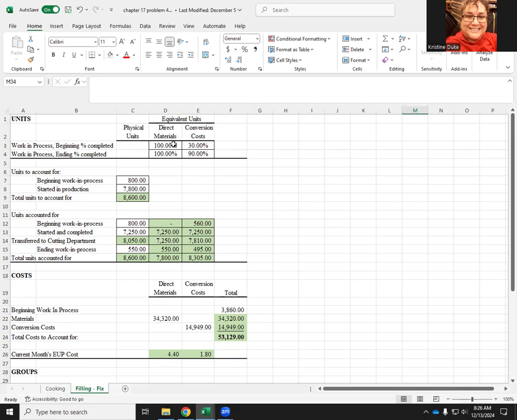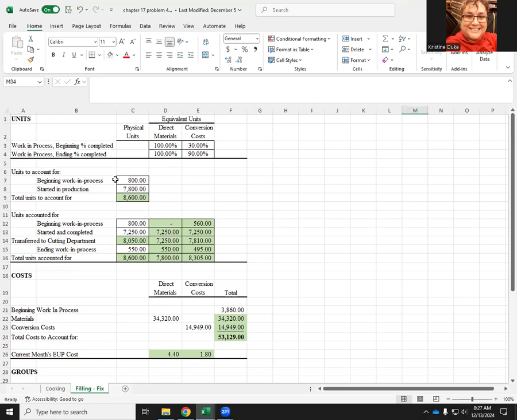And here you can see direct materials are normally all added at the very beginning of entering into a new batch. There will be some cases where they could be added continuously through the process, but normally they're all added at the beginning. So we have them 100%.